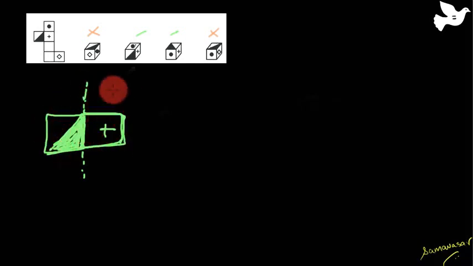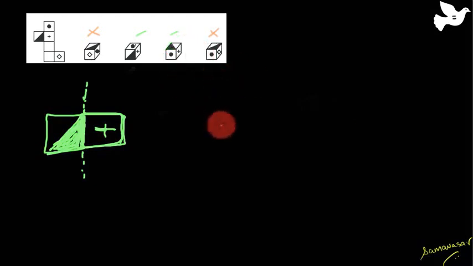Even after you fold it, this triangle's edge should be common with the edge of the square. Now if you see here, in this case this is the edge of the triangle and this square has a common edge. But in this case, I have this as an edge of the triangle, and the square which contains the cross does not share an edge with the triangle.